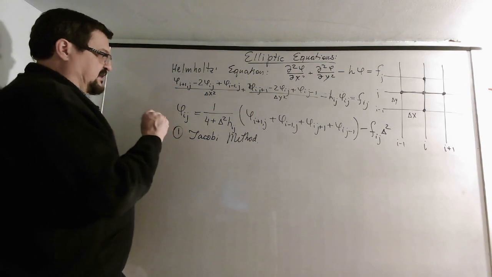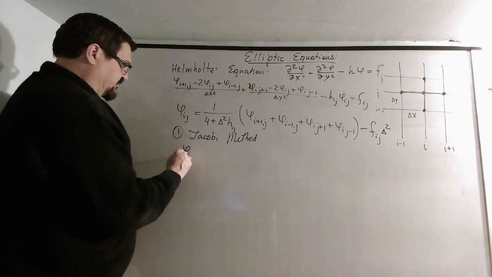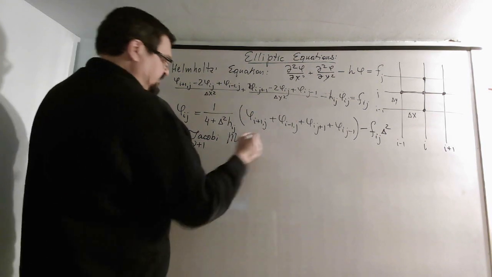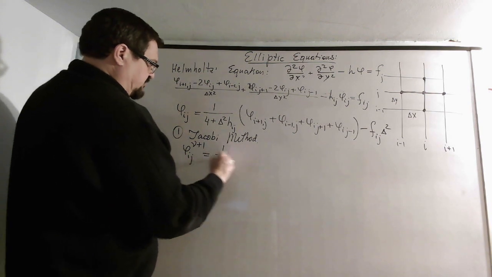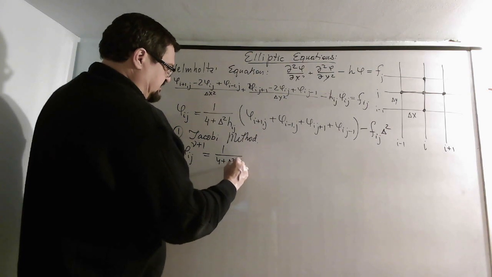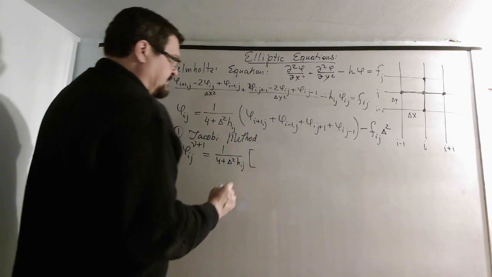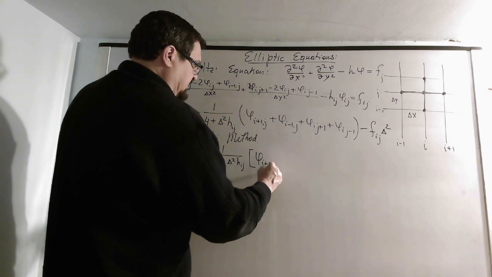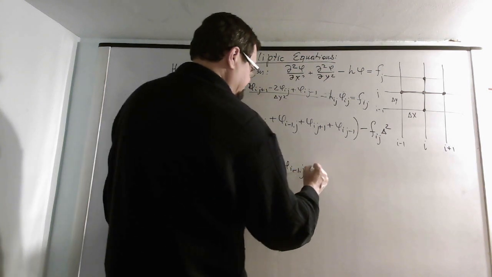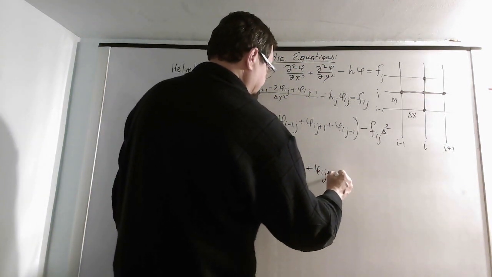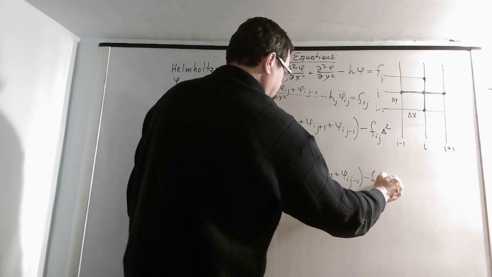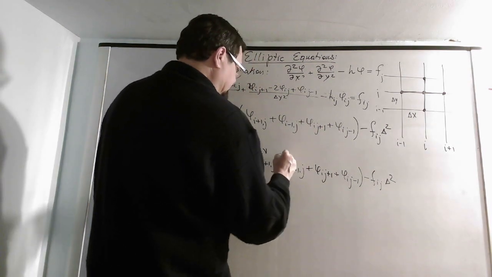The next iteration, nu plus 1, where nu is the iteration, equals 1 over 4 plus delta squared h ij, and here you have the same expression, but evaluated at the previous iteration, iteration nu.